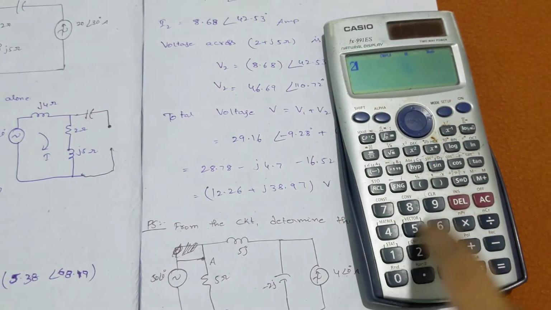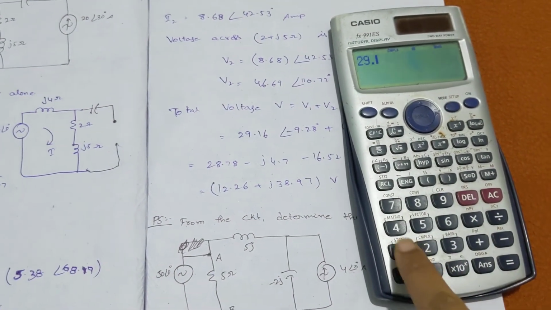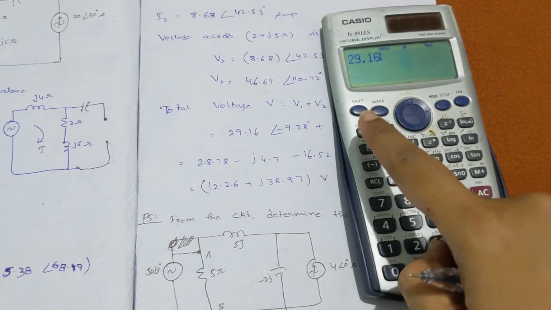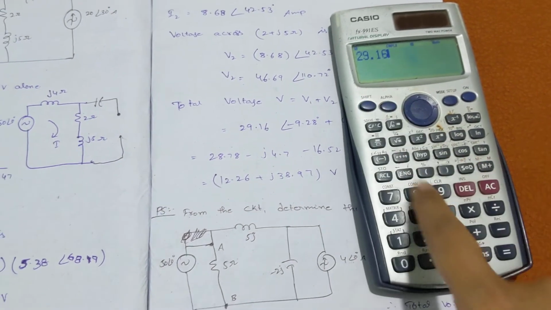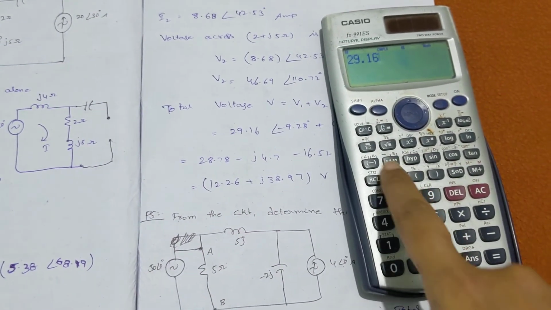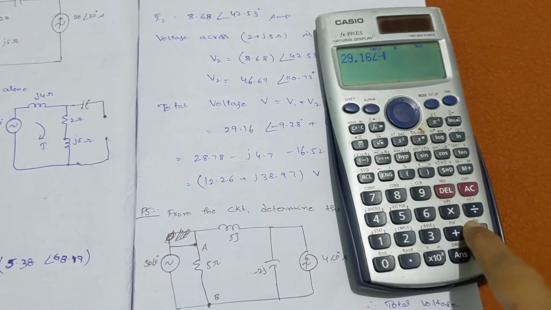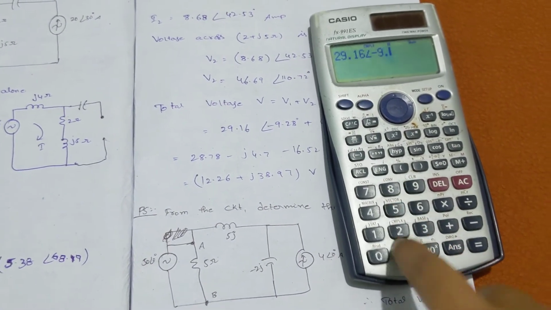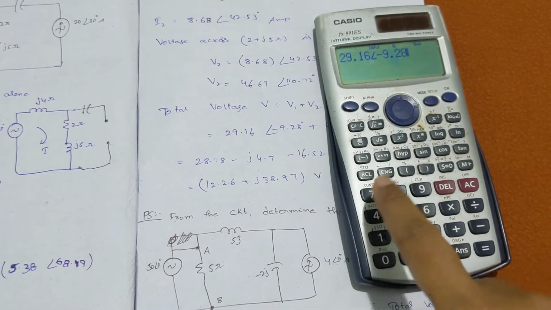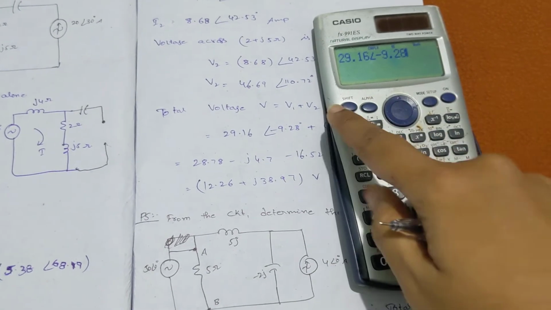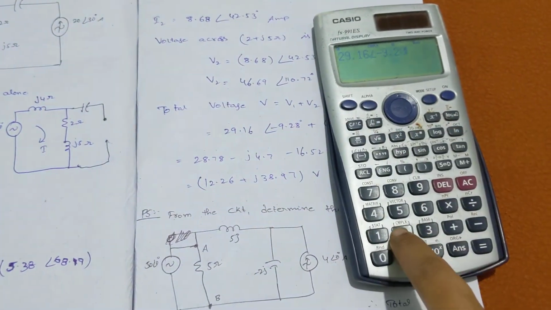It is not that complicated. 29.16 angle minus 9.28. We have to convert this one: Shift, then complex.